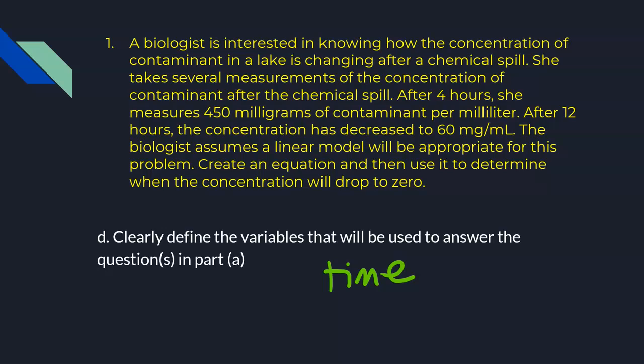We started at 4 hours and we have 12 hours, and we want when it will drop to 0, and also the measurement of the concentration of contaminant after the chemical spill, or concentration of contaminant.